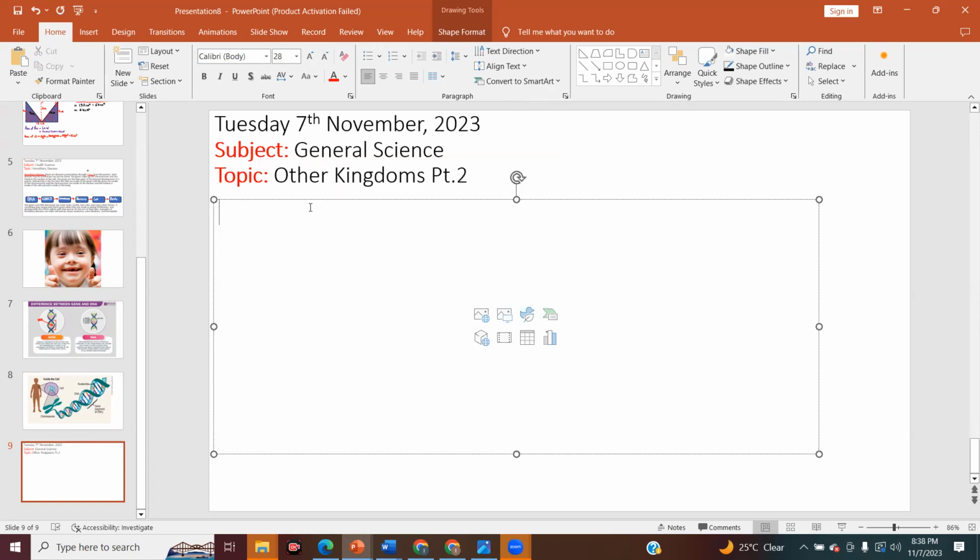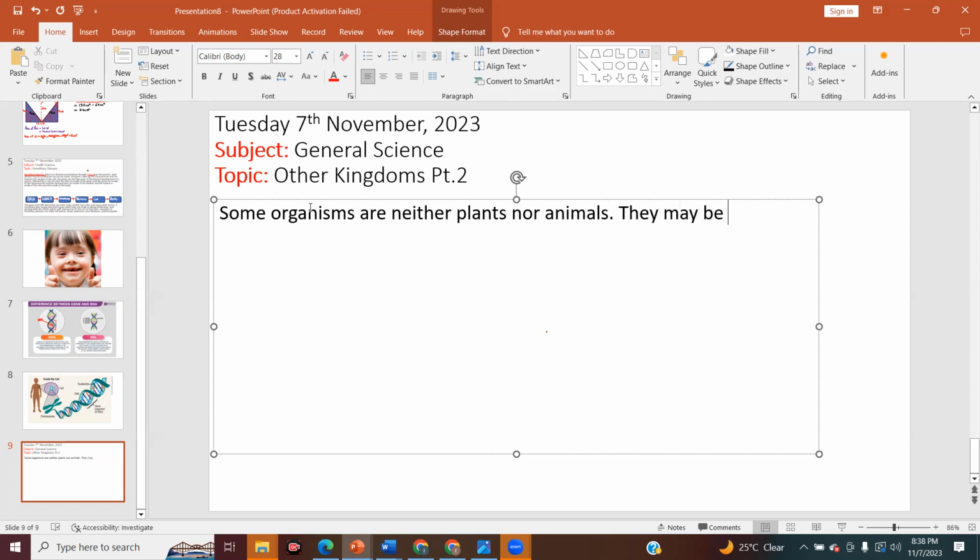So, Protists. Let's start off with the introduction. Some organisms are neither plants nor animals, but they may be placed in one of the three kingdoms below.